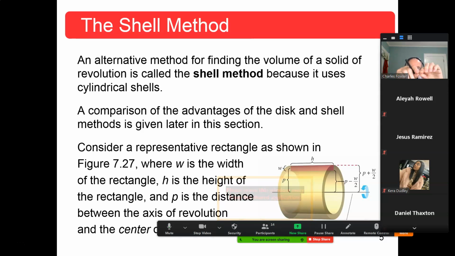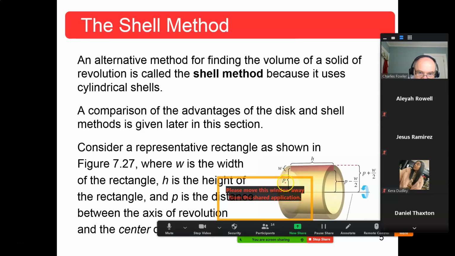Okay, you see what we do? We take that shell, flatten it out, and now it becomes a rectangular solid of thickness W, of width H, and of length 2 pi r, where the r is this P. You probably can't see the P right now because the box is in front of it. Can you see that P there?